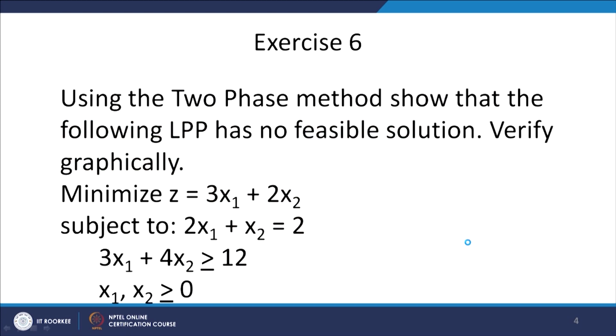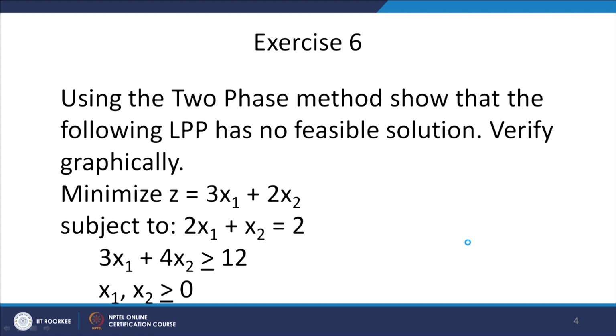Let us look at exercise number 6. In this problem, we have to solve the given LP using the two-phase method, and we have to prove that this problem has no feasible solution, and also we have to verify graphically that this problem has no feasible solution.